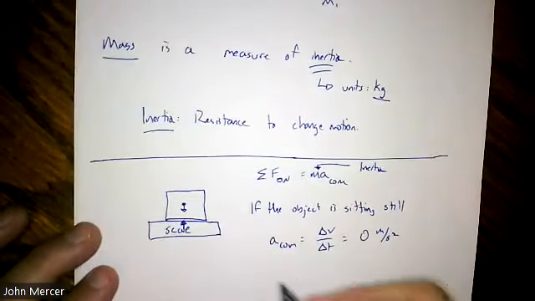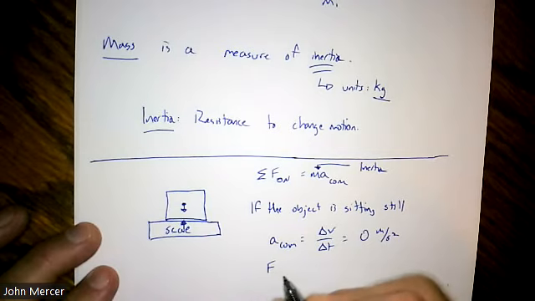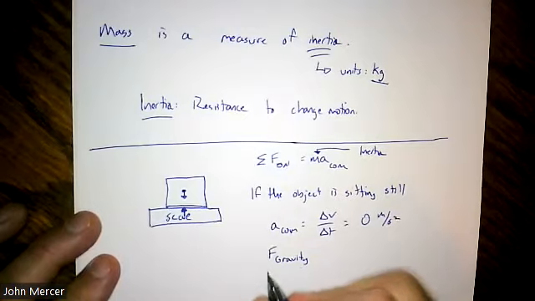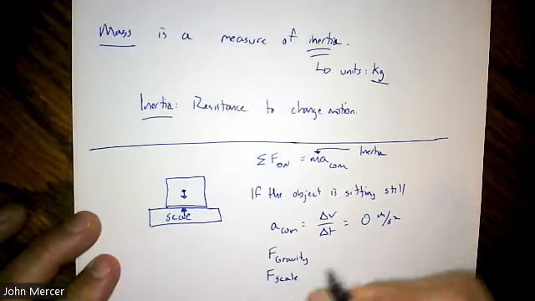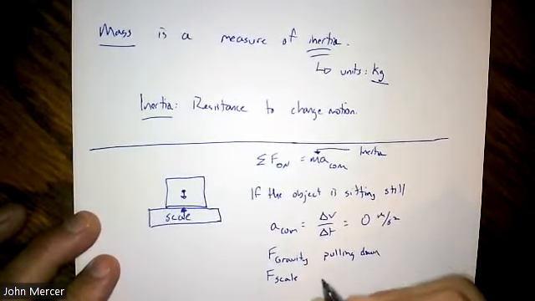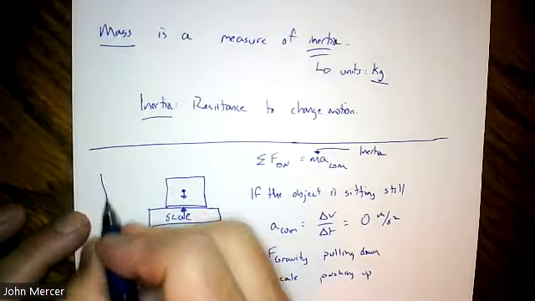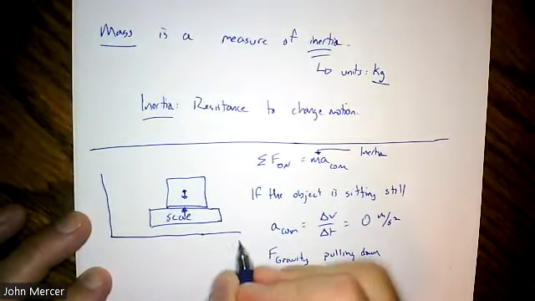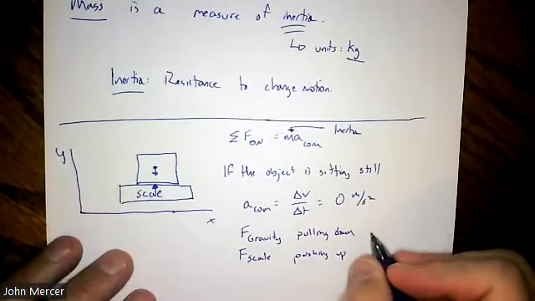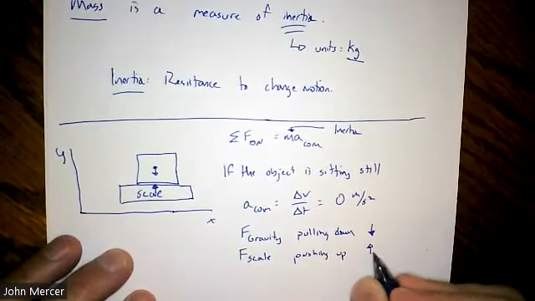All right, well, let's keep that in mind here, and let's look at the forces acting on the object. We have the force due to gravity pulling down on the object, and we have the force due to the scale pushing up on the object. And remember, if we use our reference frame here, up is positive, then this is going to be a negative force, gravity, and this will be a positive force.